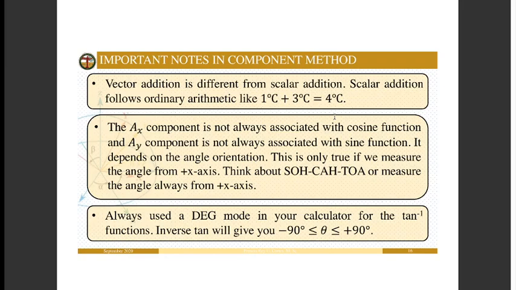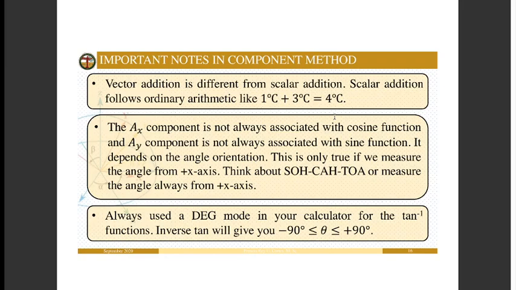If your vector is originally oriented at 120 degrees, you see that in your drawing. But in your calculator, when you get the inverse tangent function, you wonder why this is 60 degrees, why negative 60 degrees, why not 120.